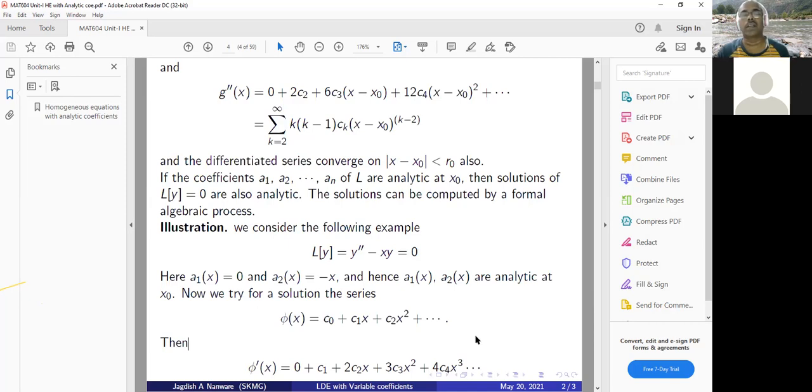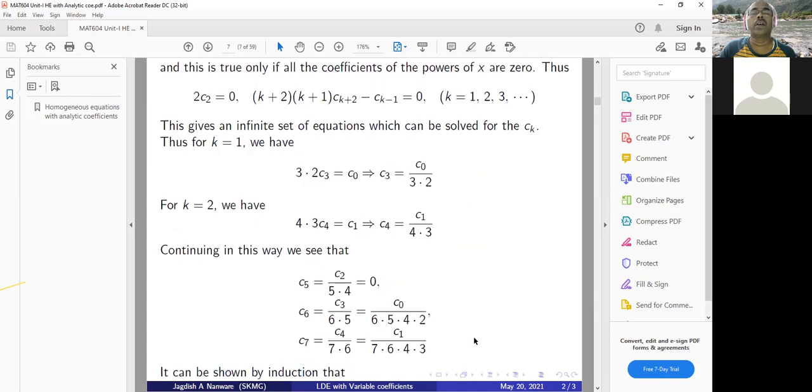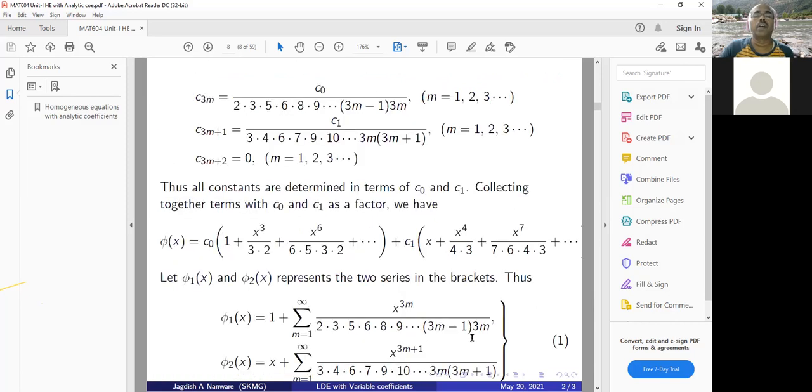So here you will see that some terms are 0, some terms are powers of x to the power 3, 6, next term will be 9, right?